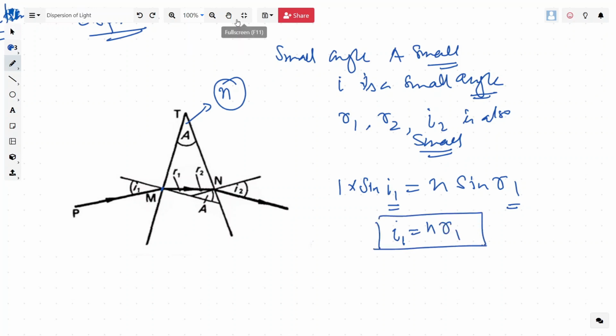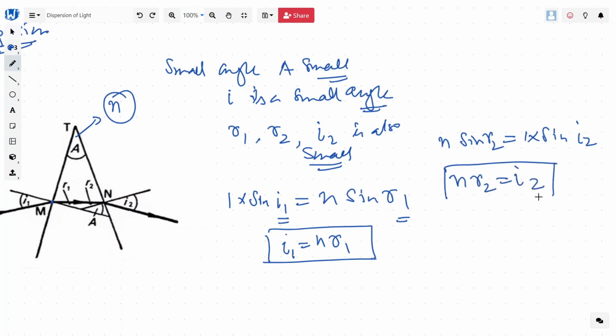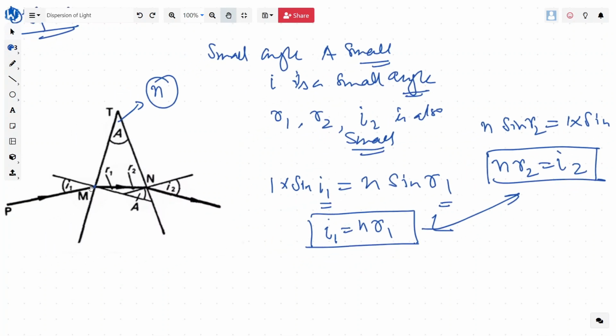Similarly, we'll write Snell's law at point N for this interface: n sine R2 is equal to 1 into sine I2, and because these angles are small, n R2 is equal to I2. So now we have the values of I1 and I2, and let's find out the deviation. Here it is coming at this angle and then getting deviated. So what's this?